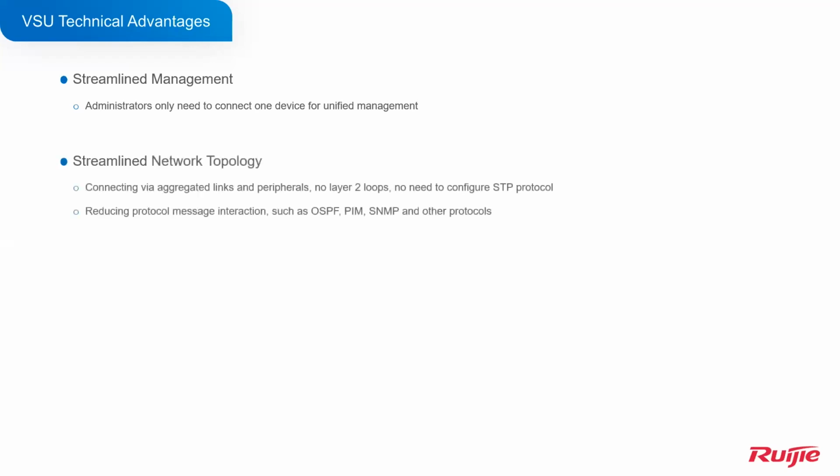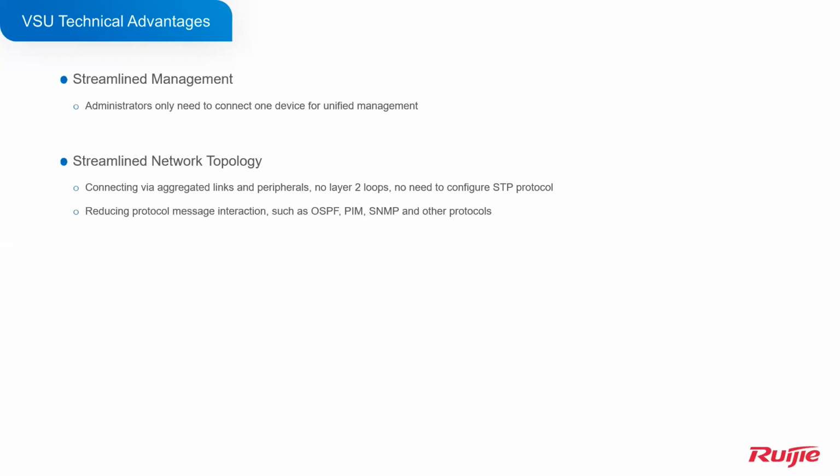No need to change the console interface or change the web page to do different configurations. One device is enough. You can do all the configuration. And the second one is you can also simplify your network topology, like the previous page. If you use VSU and link aggregation technology together, then we will find the topology has no layer 2 loop.